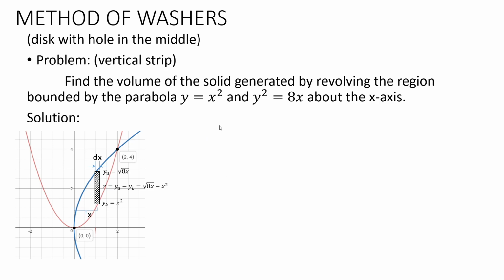The blue line is y squared equals 8x, and the red one is y equals x squared. Again, you should graph the equations and determine the points of intersection.